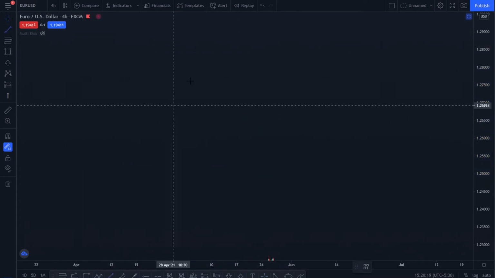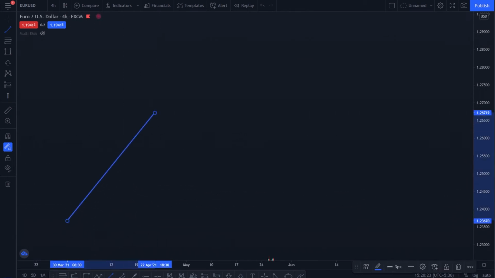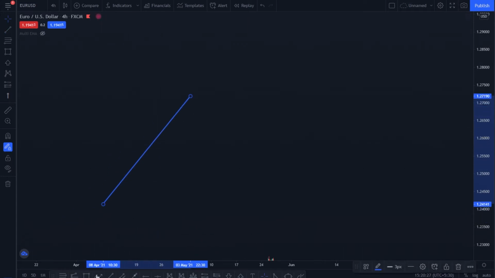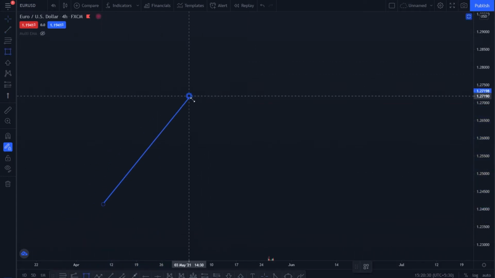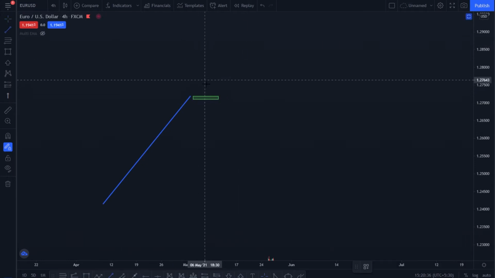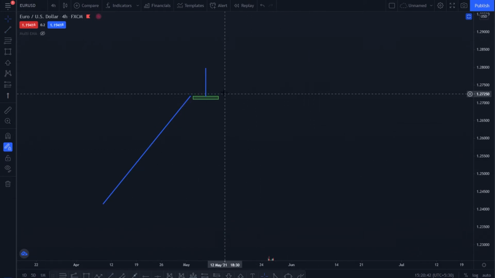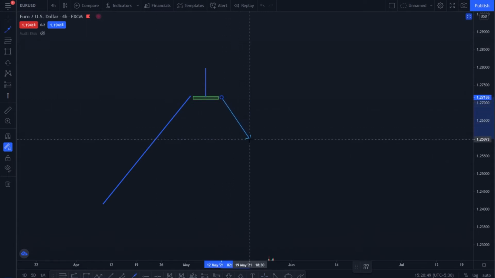So again, let's take the trend line tool, and the market goes up. This is the impulse move in an uptrend, and let's just say we have this candlestick pattern over here, a rejection candle. By seeing this rejection candle, we know there are good chances that the market can do a pullback from here.